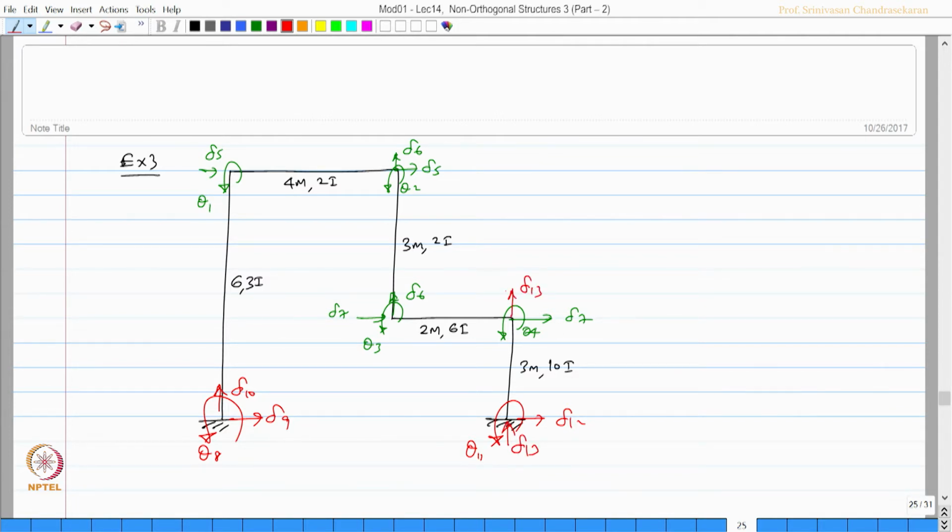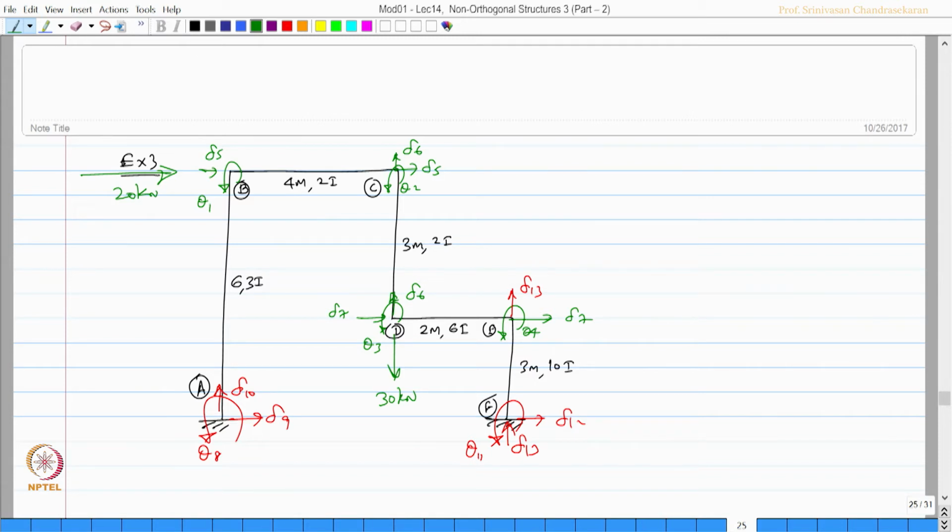So, there are 13 degrees of freedom. This is member nomenclature A, B, C, D, E and F. The loading were like this. Actually, this frame is subjected to 20 kilonewton here and 30 kilonewton here. That was the problem given, correct.